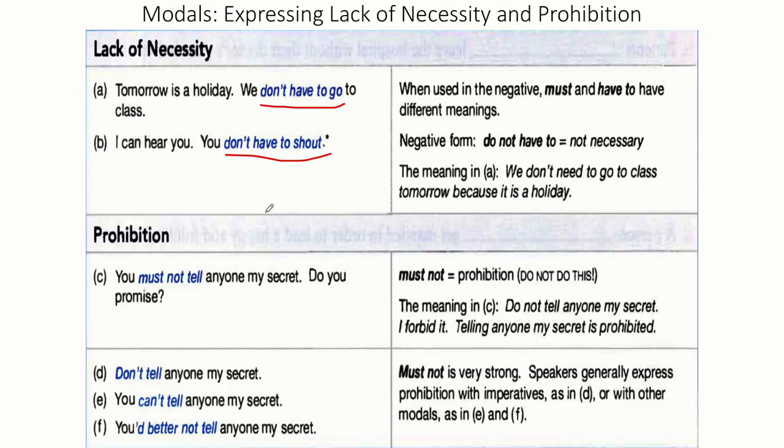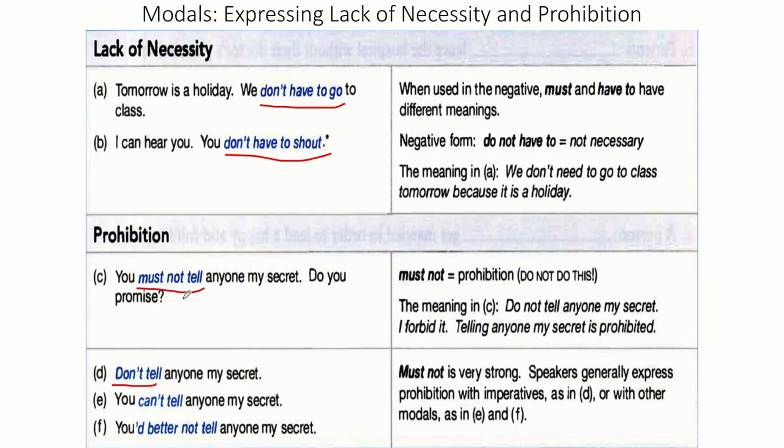Now for expressing prohibition, we normally use must not tell, or don't tell. Here we have the modal must in the negative form, but as you can see, the negative form for have to expresses lack of necessity.